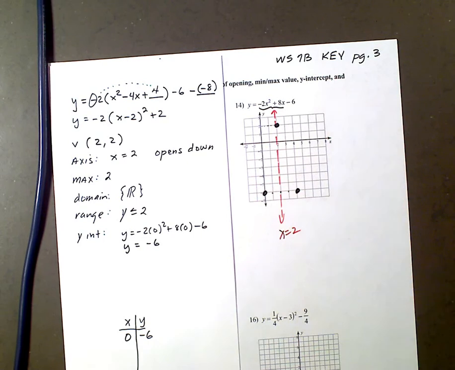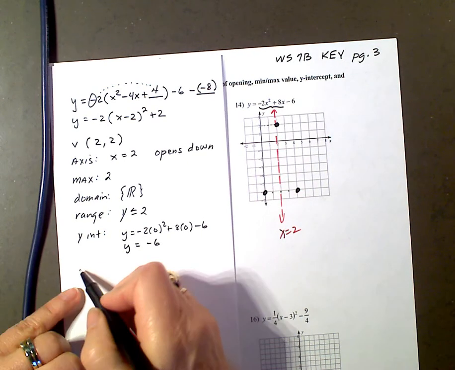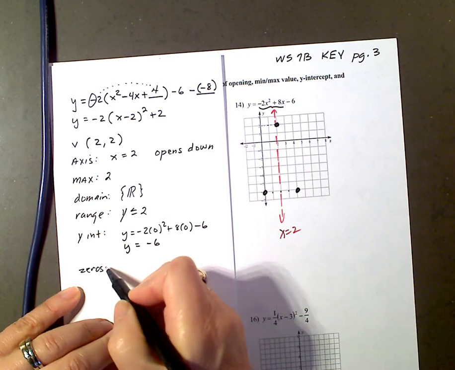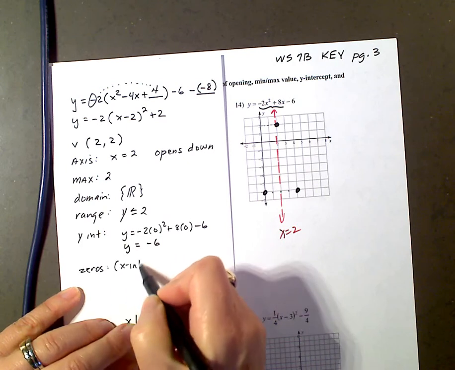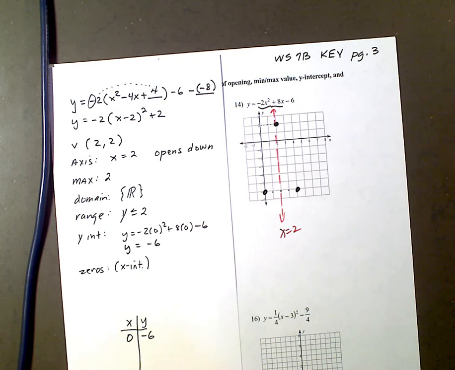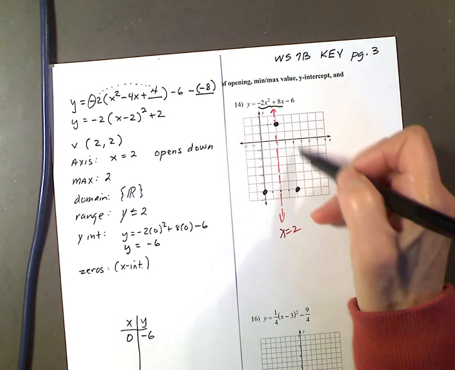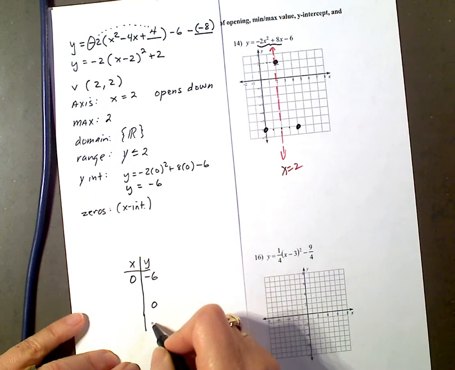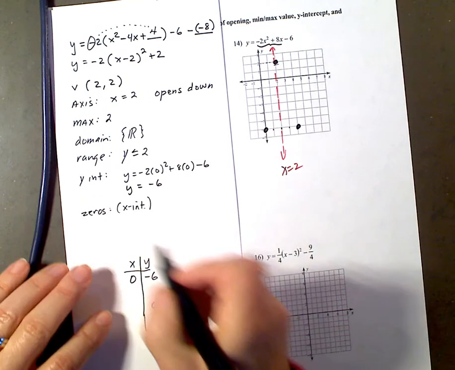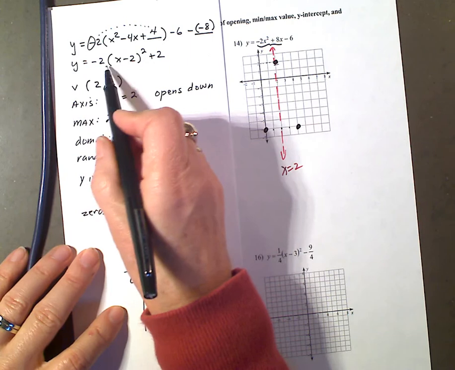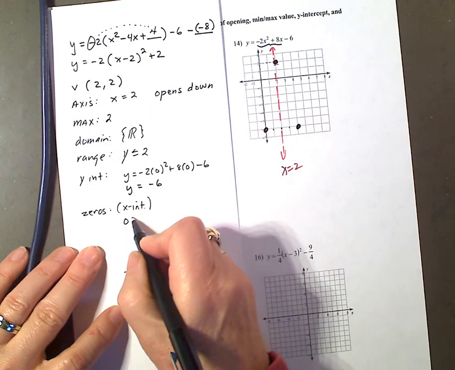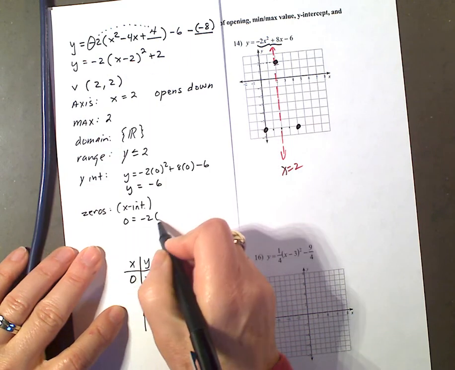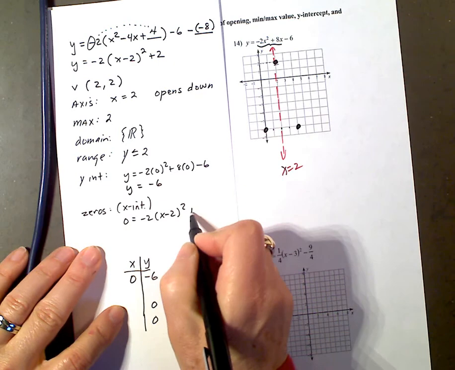And then my zeros of the function, which are my x-intercepts, I set y equal to 0 and solve for x. If I'm opening up, I'm obviously going to cross this x-axis twice. There's going to be 2 of them. So in this form of the equation, set y equal to 0 and solve for x. So subtracting 2.